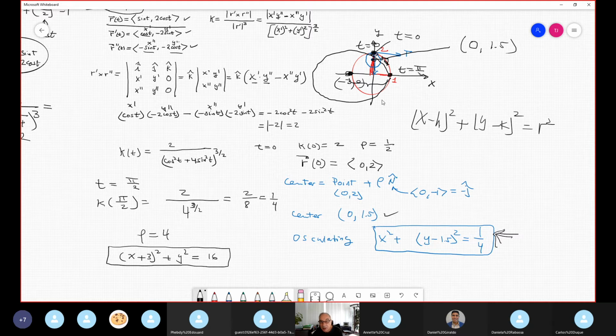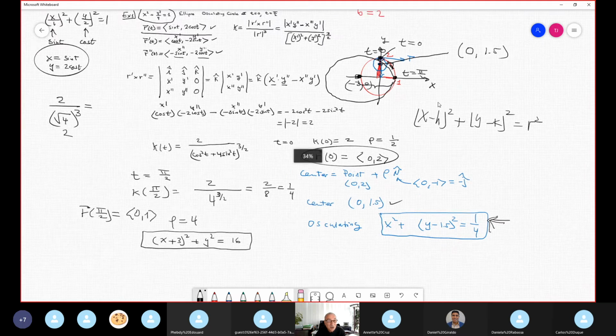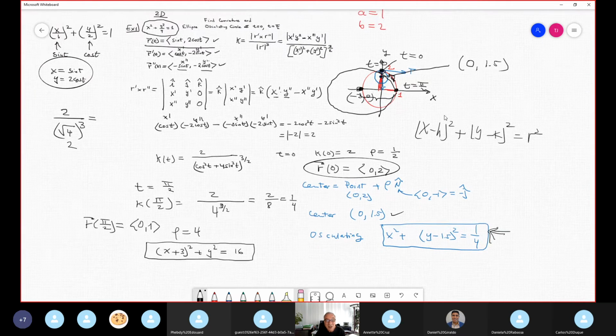By the way, I forgot, for example, the position vector. Look, okay, I determined here, but using intuition, the position vector at pi over 2 is at the point 0, 1, no? Because cosine pi over 2 is 0, and sine pi over 2 is 1.